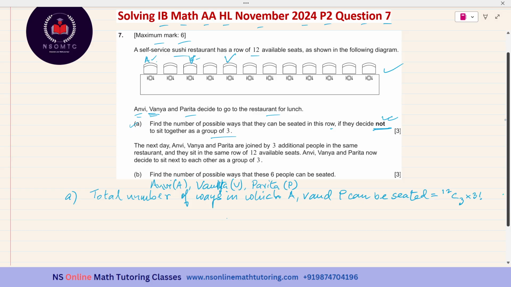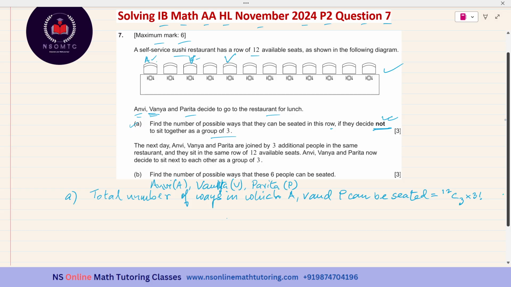They can be arranged in 3 factorial ways: AVP, APV, VAP, VPA, PAV and PVA. 3 factorial is 6. So it is 12C3 times 3 factorial, or you may write 12P3. I usually first select with C and then do the arrangement, so it is 3 factorial.